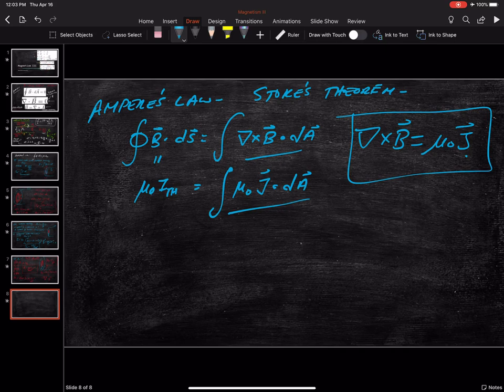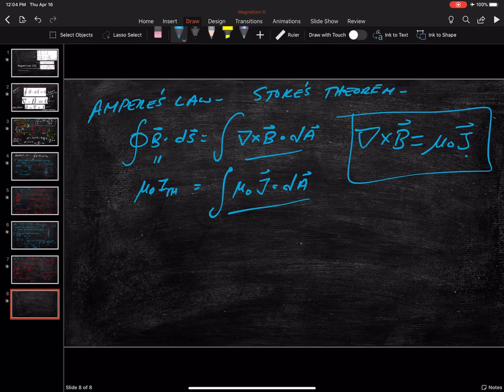And the curl can be sort of nasty. It depends on which coordinate system you want to use. If you want to use Cartesian coordinates, it's one thing. If you want to use cylindrical coordinates or spherical coordinates, it's something else. You've got all these things written down in that handy electrodynamics information sheet, so I do encourage you to use that one.